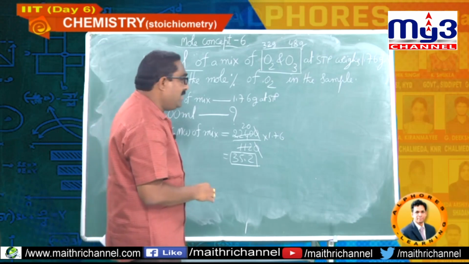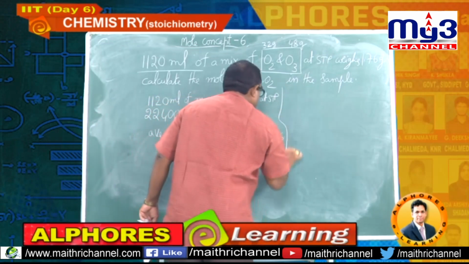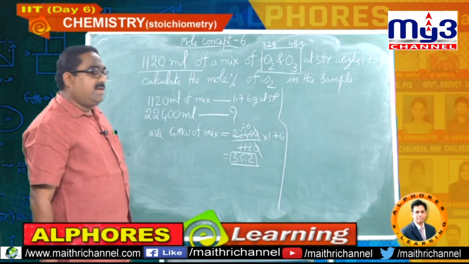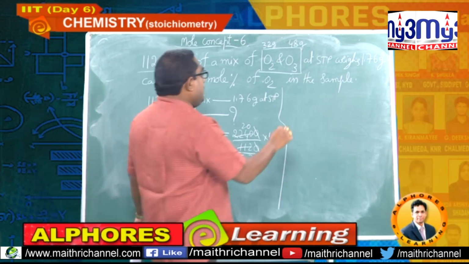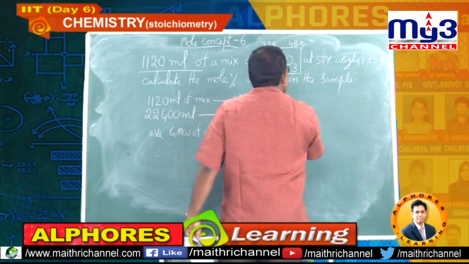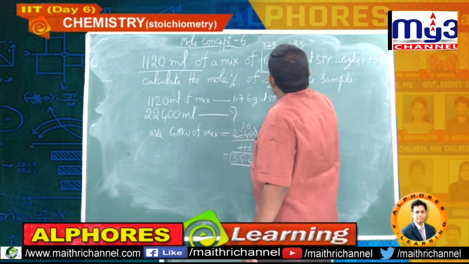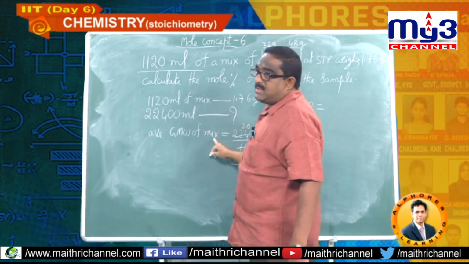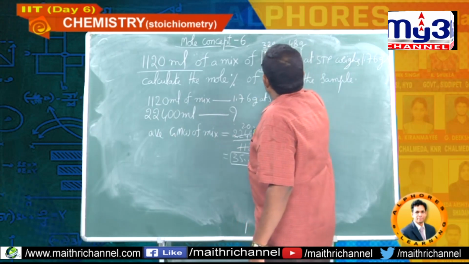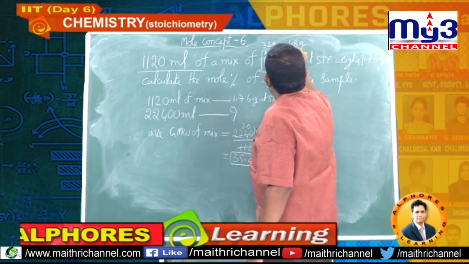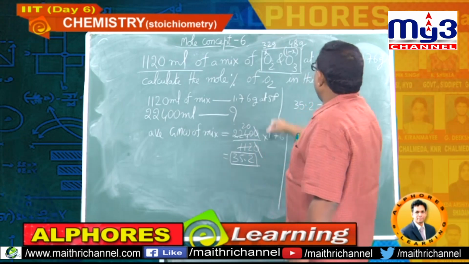Okay, let me calculate. Here I am doing the calculation. Students, please note it down. Average molar mass 35.2. Take it as total 1 mole because molar mass is for 1 mole. If it is X, the other becomes 1 minus X, because he is asking for oxygen.